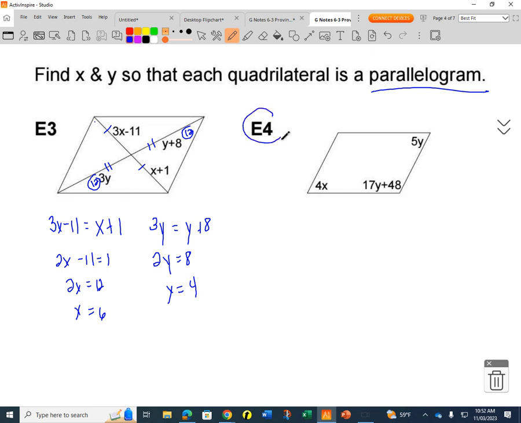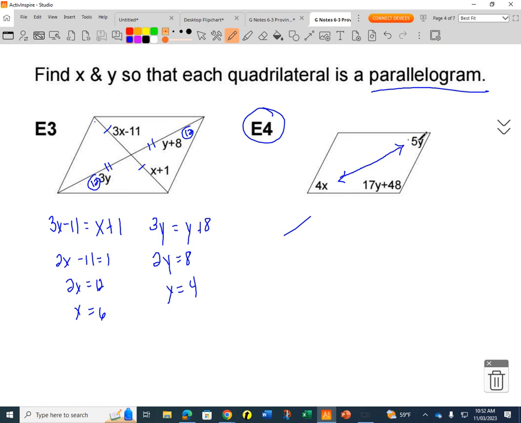All right, example 4 is a little bit different. They're still giving us the measure of angles, and they do give us a pair of opposite angles. Can I use these two angles to solve for y or x? You're right, I cannot, because one's an x and one's a y.